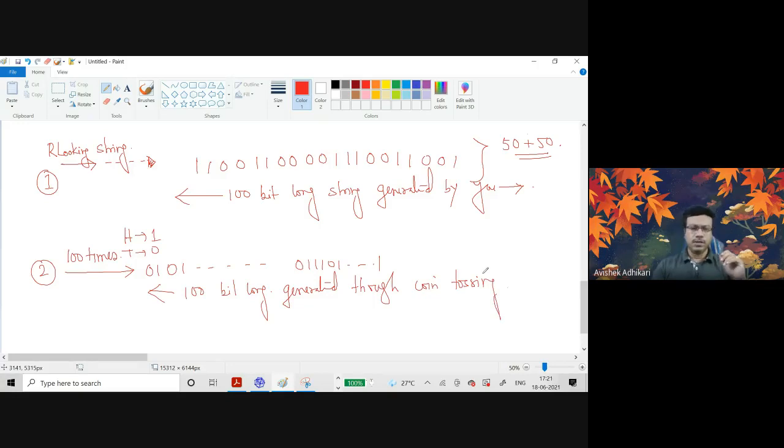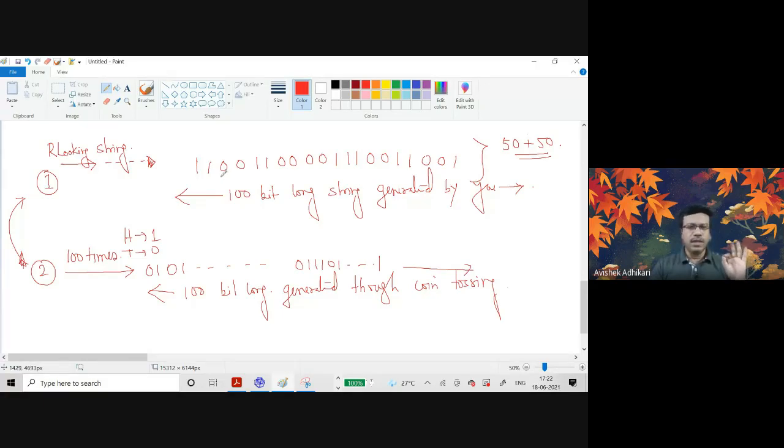Okay. So I asked my students to provide me with these two strings. It may be 1, it may be 2, you can permute it, whatever it may be. But you do not tell me which sequence is generated from coin tossing and which sequence is generated by you.